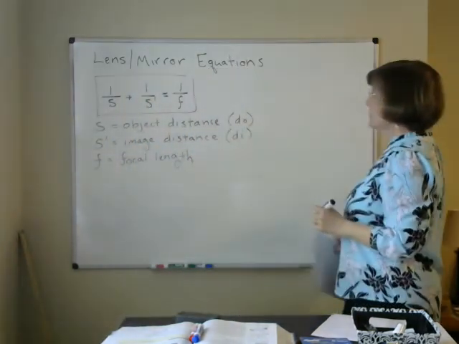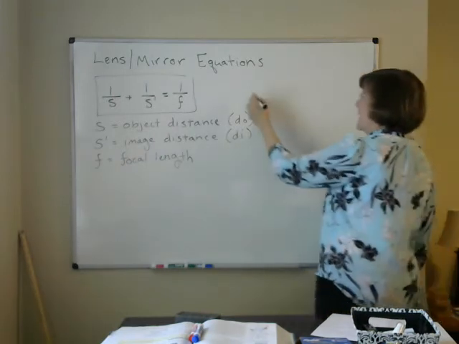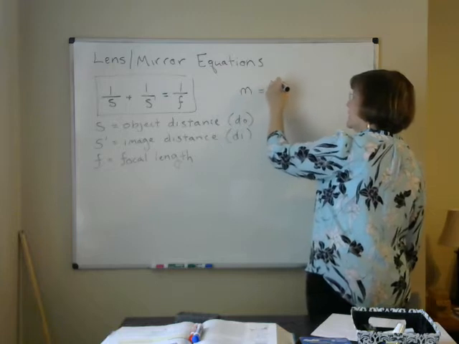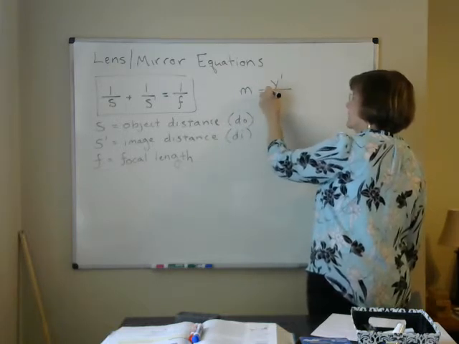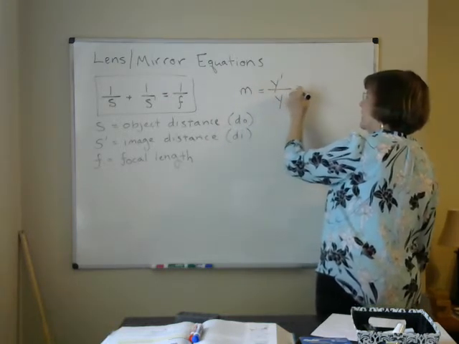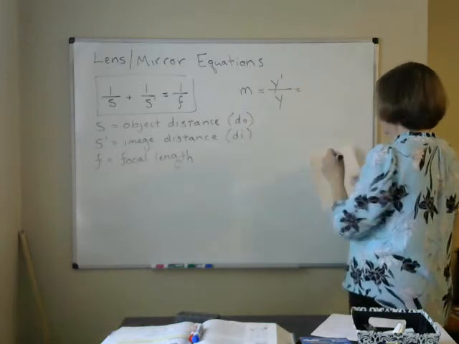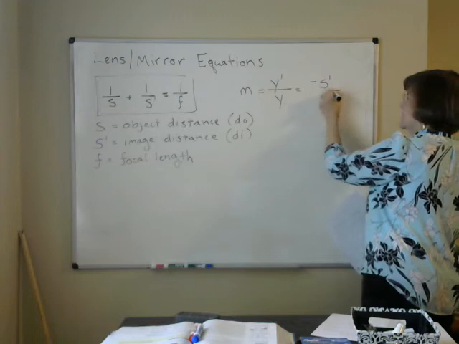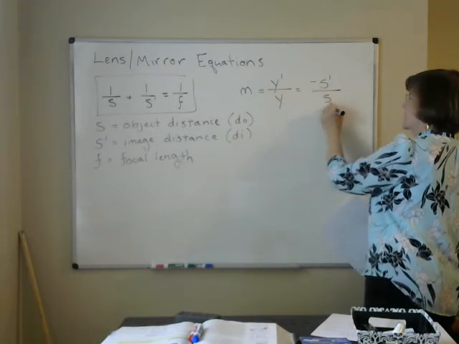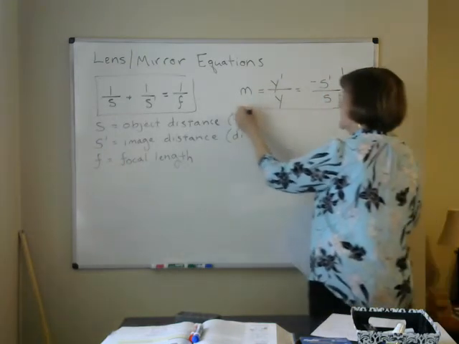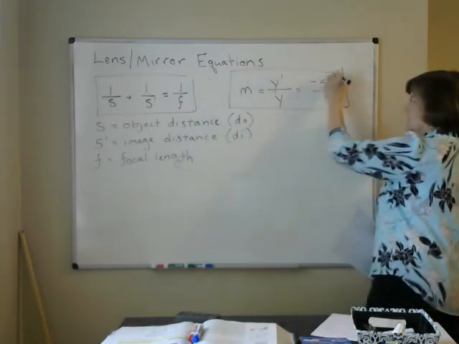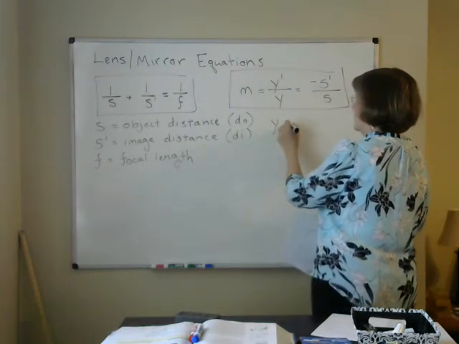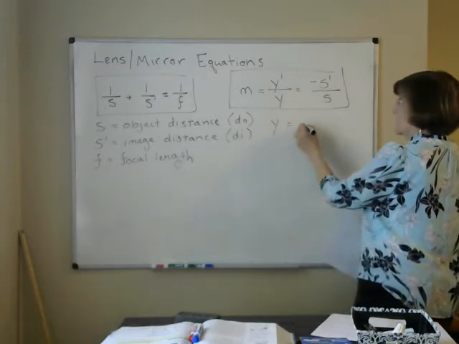The other equation is for magnification. Magnification is simply the ratio of the image height to the object height, but it also happens to be equal to the negative of the image distance over the object distance. So we have multiple ways to find that. y, of course, is the object height.